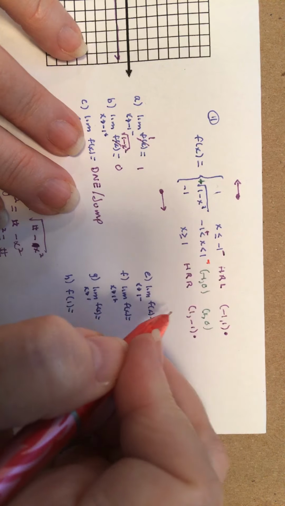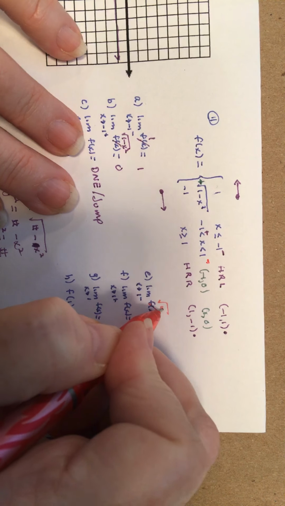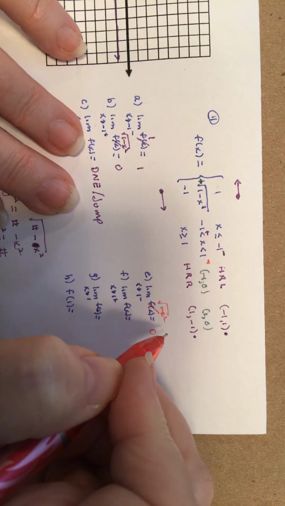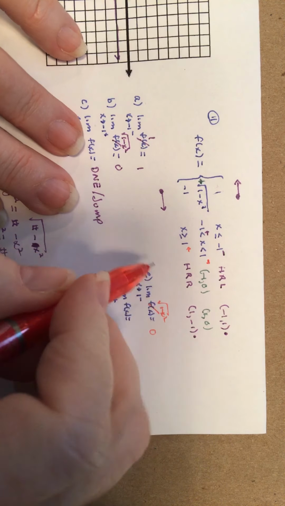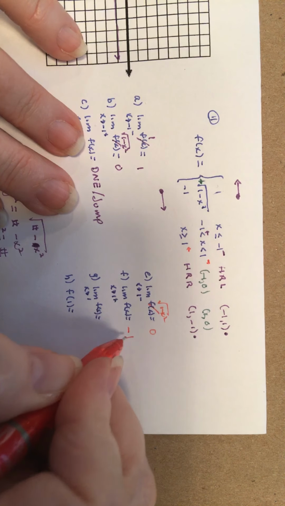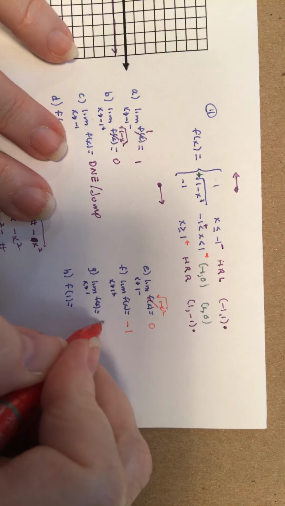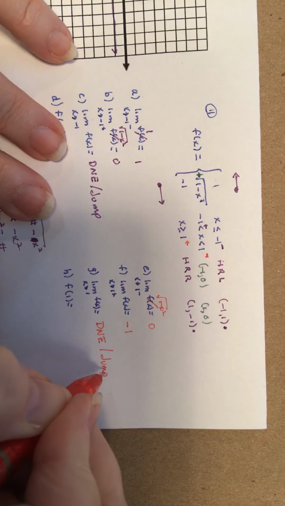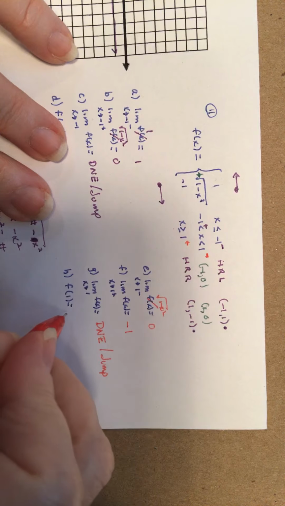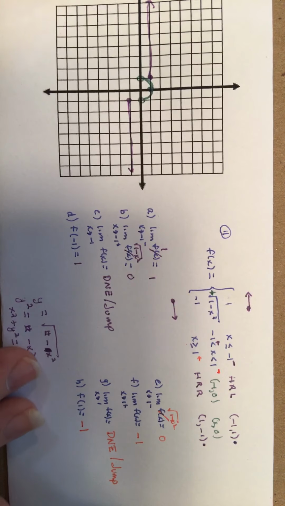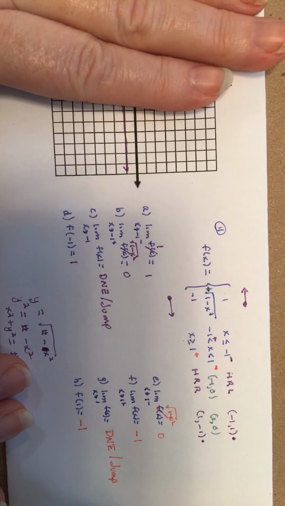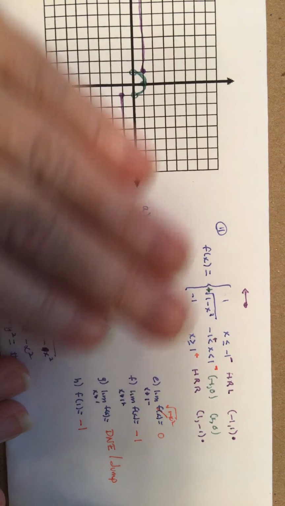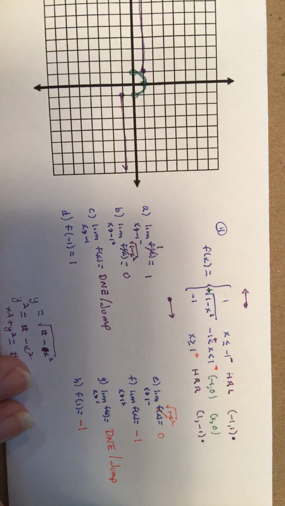Well, the left side is the 1 minus x squared, and I get 0. The right, or the second appearance, is negative 1. These are not equal, so it's D and E. They're real numbers, so again, it's a jump. The equal to is with the bottom one, and so that reflects our graph graphically, analytically, graphically, analytically.